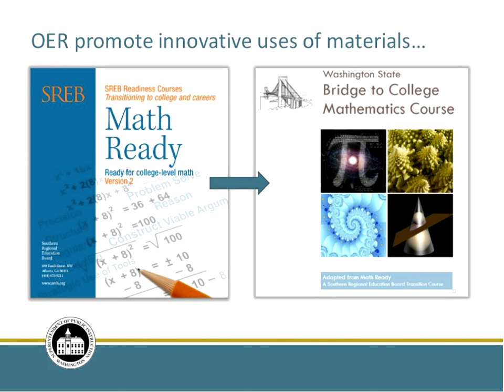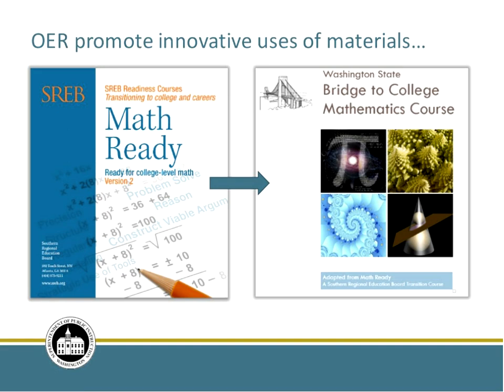So here's one of my favorite examples of the power of open resources. The Southern Regional Education Board created a high school course to help students transition into post-secondary study. It's called Math Ready. The goal here was to really help students who had not been able to reach college and career readiness level with traditional core classes.